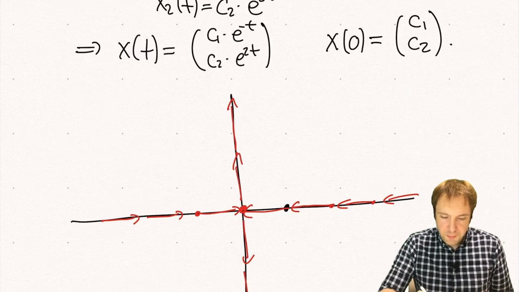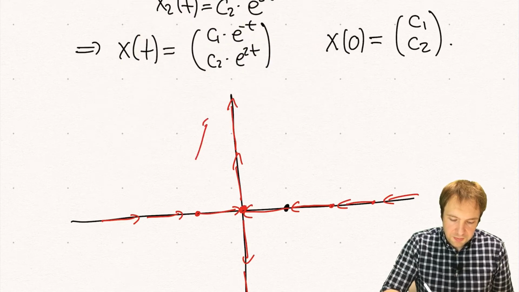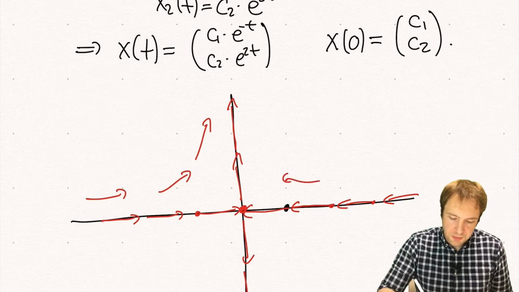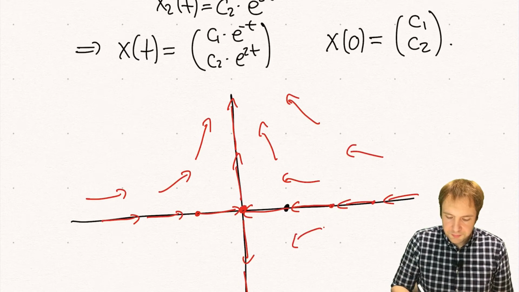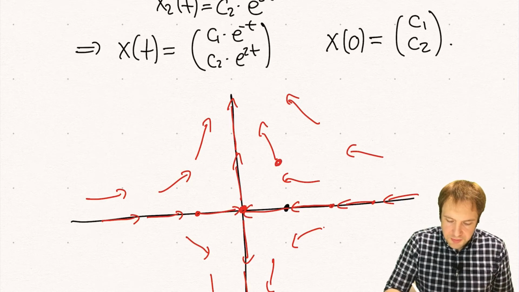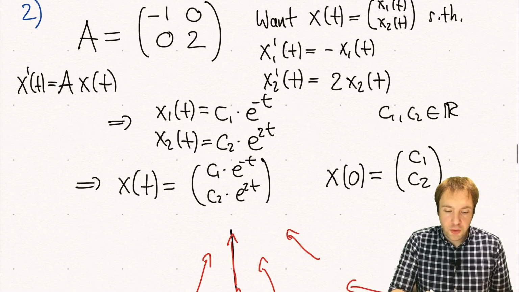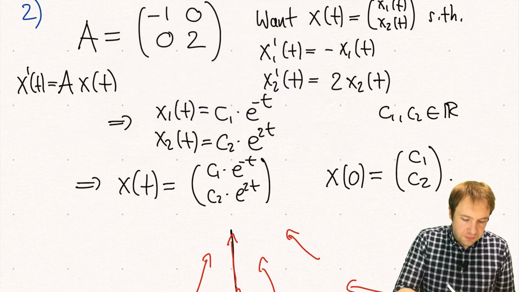And if you plot other points, you will see that it should look something like this. At each point, I take one point, for example the point 1, 1, and multiply it with this matrix.